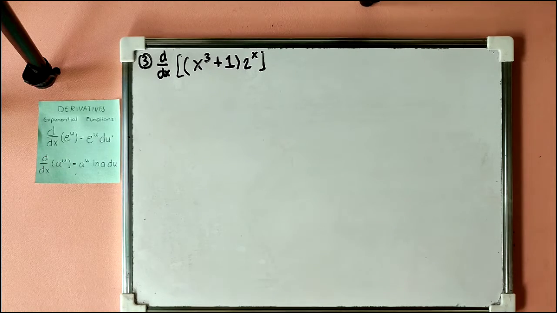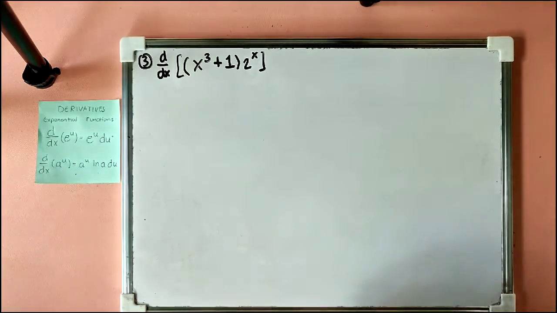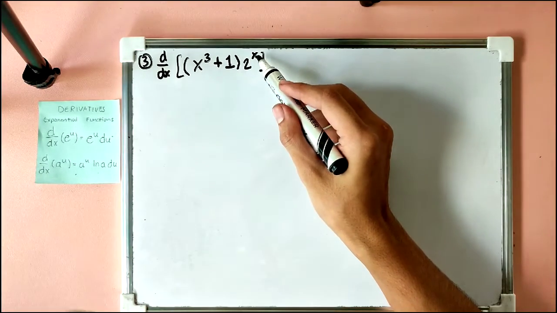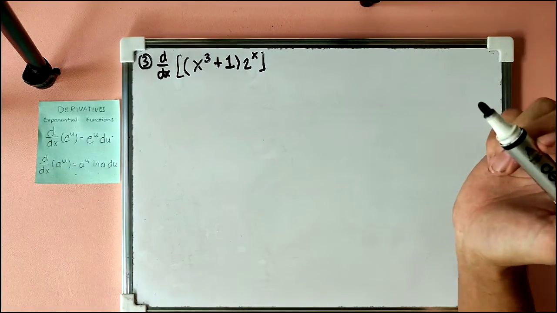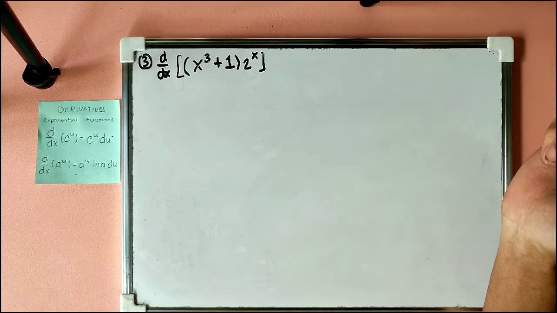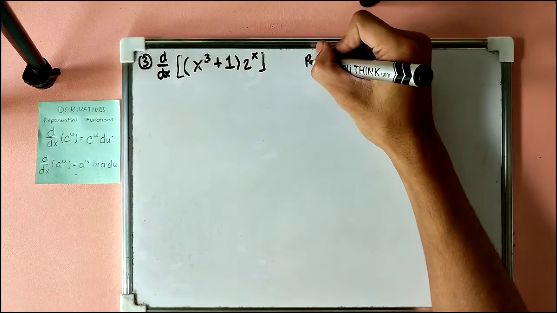So for problem number 3, finding the derivative of x cubed plus 1 times 2 raised to x. So as we observe, we have a product of two functions. So ang gagawin natin ay applying product rule.